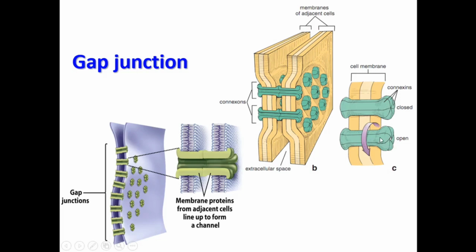One connexon from this cell aligns with another connexon from the other cell and makes a pore between two cells and communicates the cytoplasm of these cells with the adjacent cells, so some small molecules can pass through this channel or through this pore.